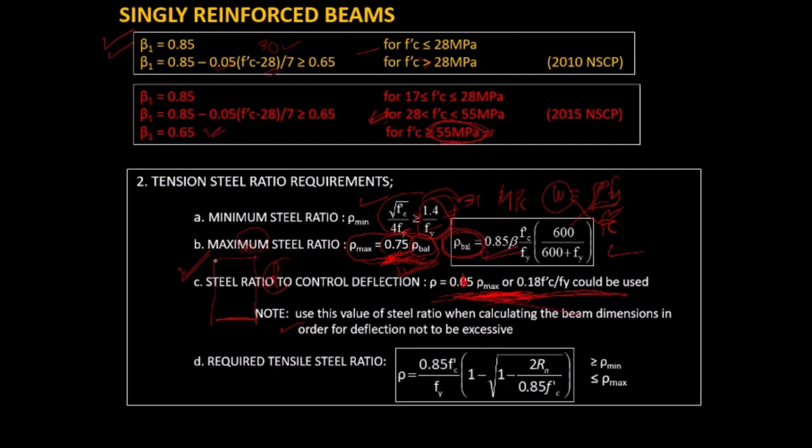Kasi pwede kang gumawa ng beam with reinforcement and dimension b and h with the corresponding d, na basta ang importante, yung limit states hindi ma-violate. Okay, so we have here for rectangular section the required tensile steel ratio, which should always be greater than rho minimum but less than rho max.